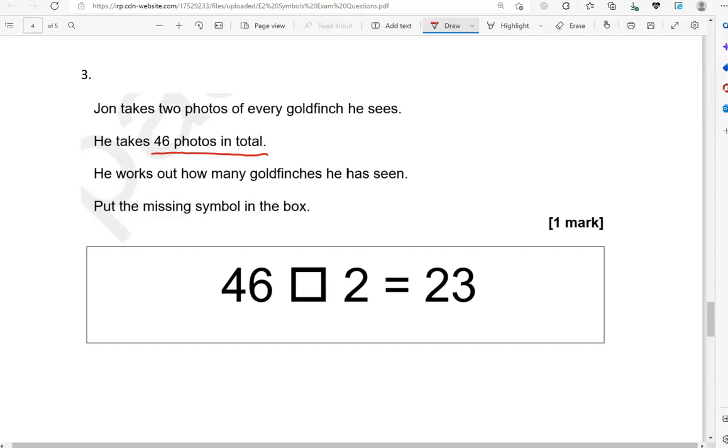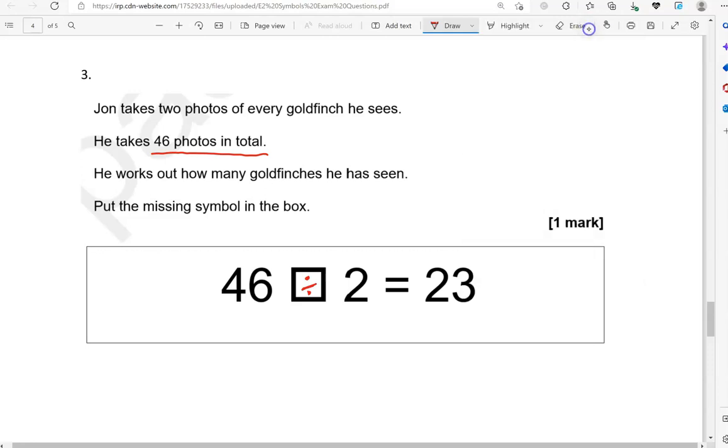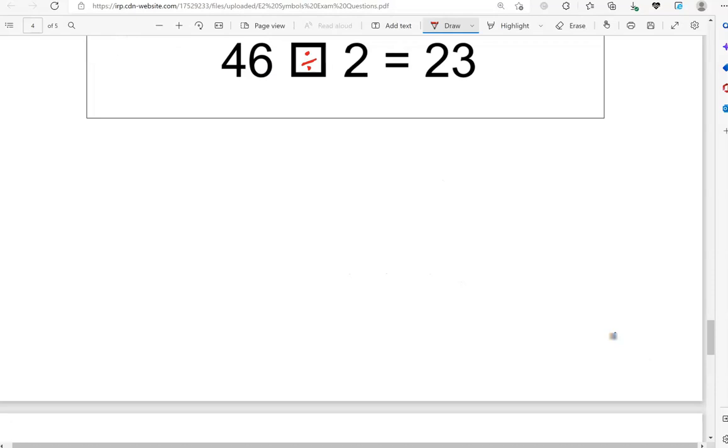So if we divide by 2, it should give how many goldfinches he's seen. So the symbol that is missing here is division. Let's check with the calculator. So 46 divided by 2, does that give us 23? Yes, it does. So we've done it correctly.